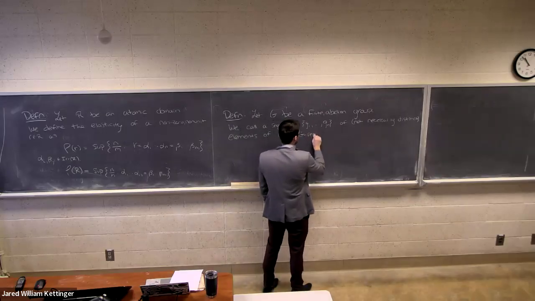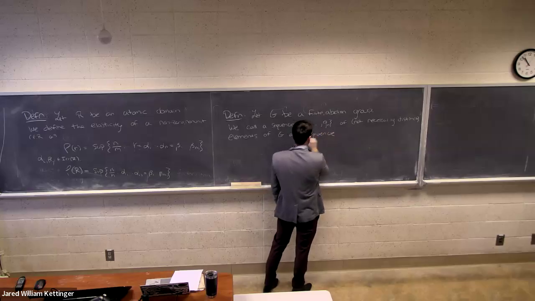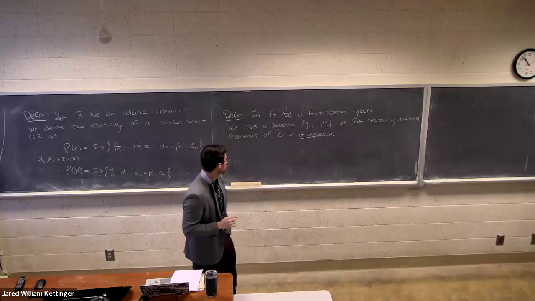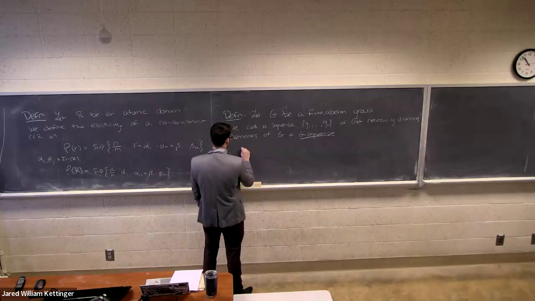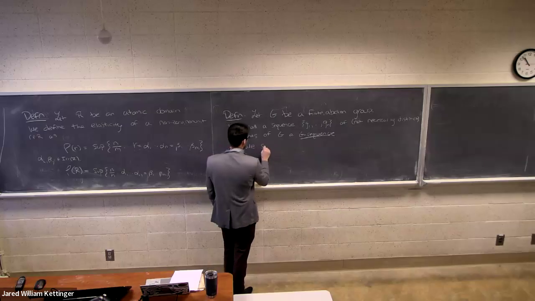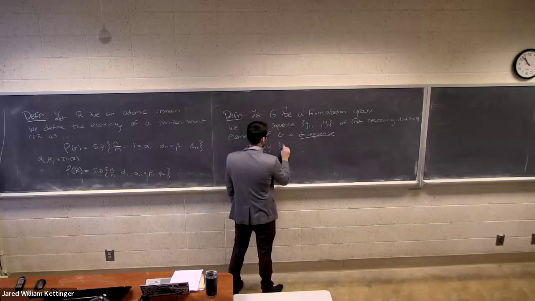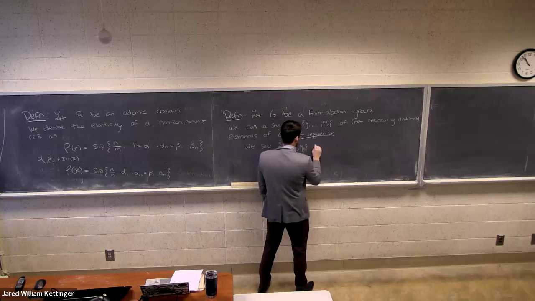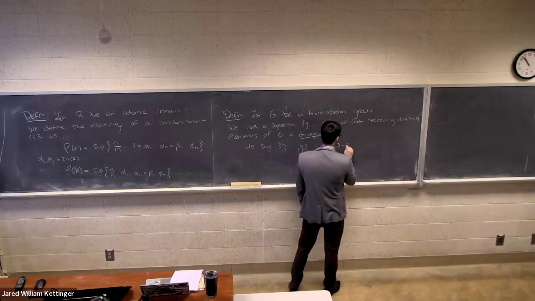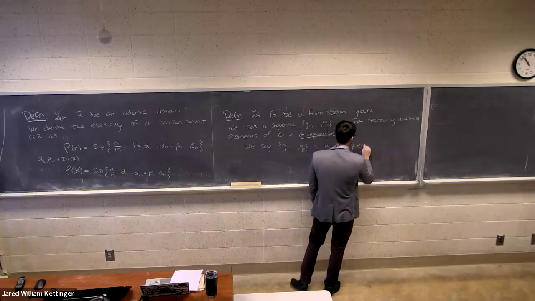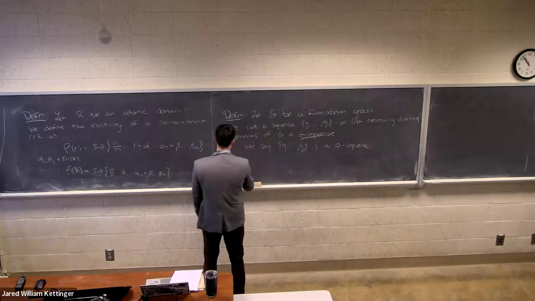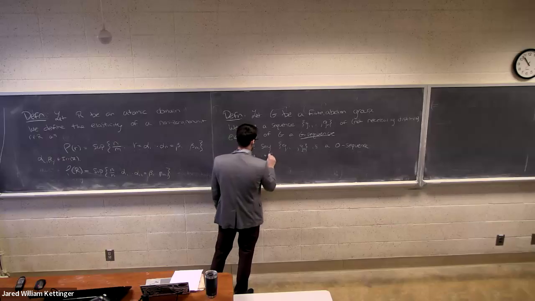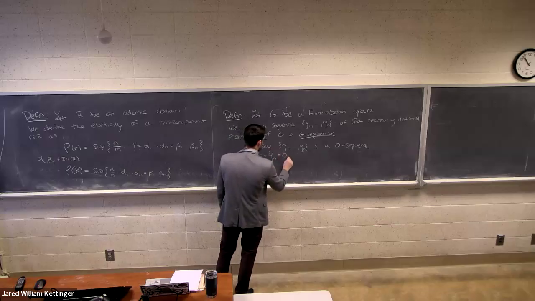So essentially, a G sequence is a multi-set of elements of G. We say a G sequence g1 through gn is a 0 sequence if the sum of the elements is equal to 0.